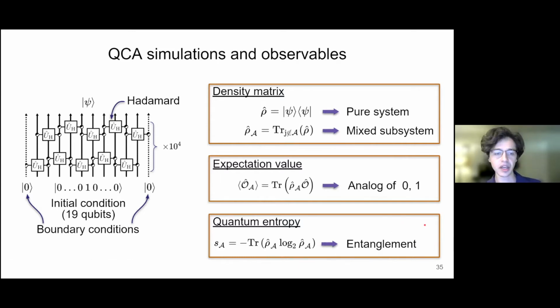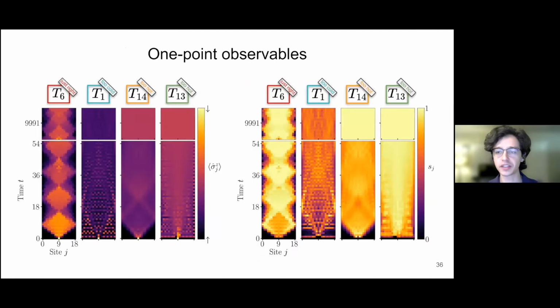coming up here. So let's look at a few simple one-point observables in those QCA, which I've outlined. We see that it's the far from Goldilocks rule, T13, which quickly equilibrates to a high entropy value. So this is the local single site von Neumann entropy, starting with an initial 1 and a sea of zeros.